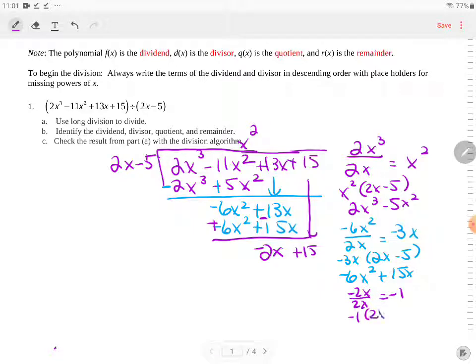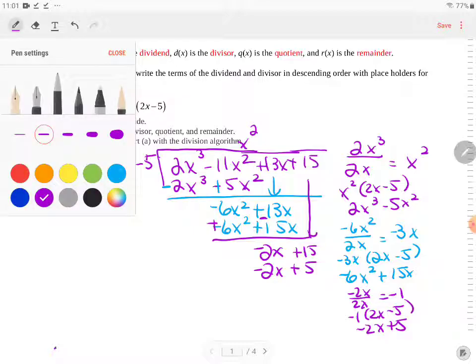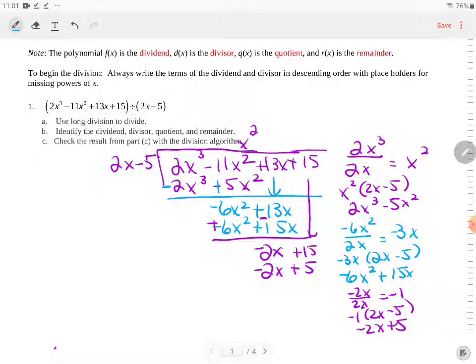Negative 1 times 2x minus 5 is negative 2x plus 5. Again, goes underneath. And once again, we will subtract using the definition. So I'm going to underline and change the signs. So I get 10.